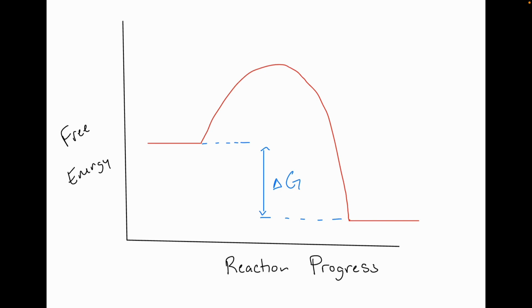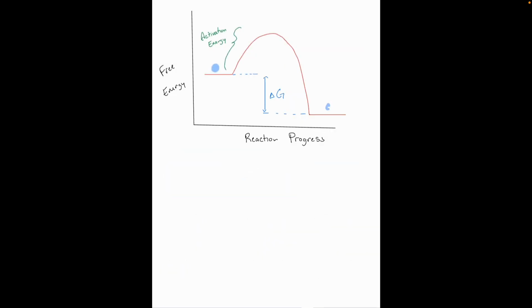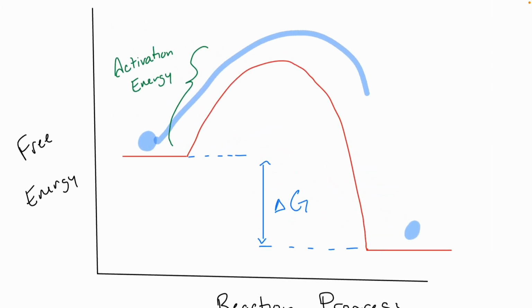This little hump here is what's called the activation energy. All right, and again, in order for a chemical reaction to go from the reactant side over here to the product side over here, it's got to jump that activation energy, right? It's got to overcome this energy barrier there.